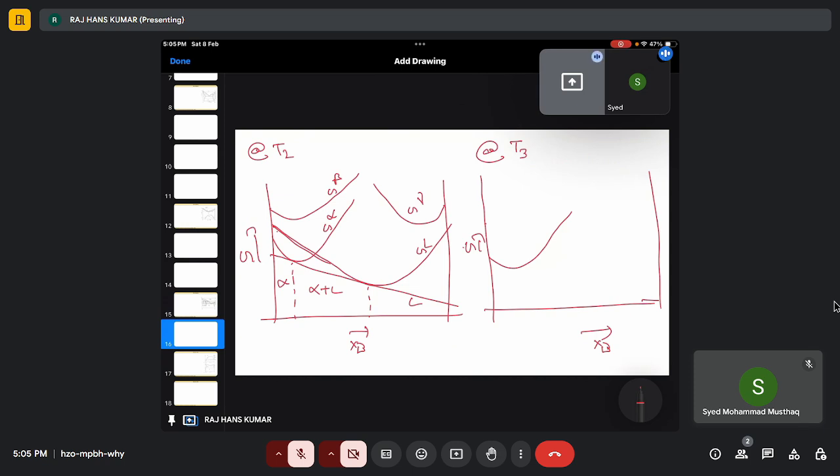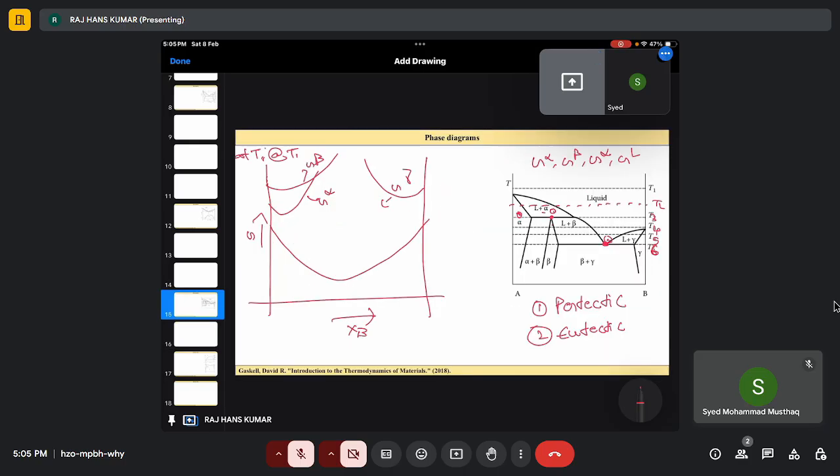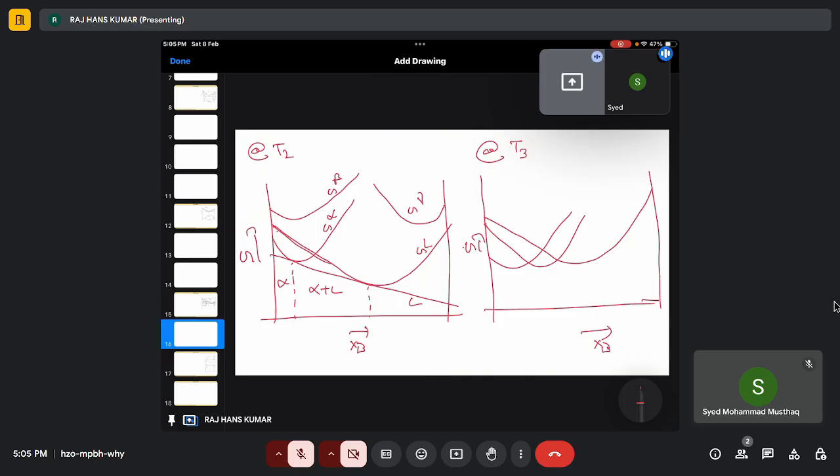Then this is, let's say, G beta. This is my liquid. Yeah, this is my liquid. So this one is my G alpha, G beta, and G liquid.